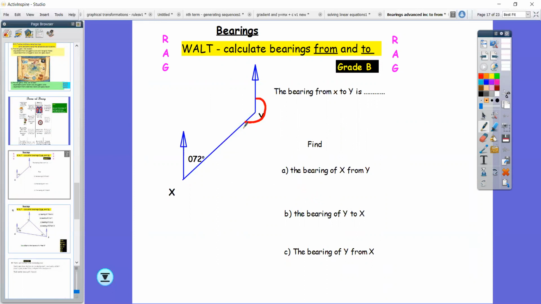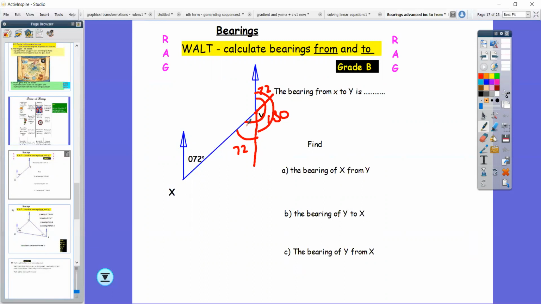There are two ways of doing this. You can extend this line, then understanding that by corresponding angles, we've got 72 and 180 for the straight line. Or if you extend the north line, it's your preference, really. You can see that 072 fits there, plus 180 on this line. So a little bit of practice for that is good.